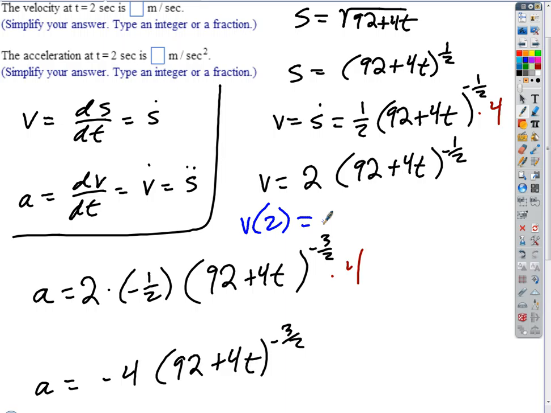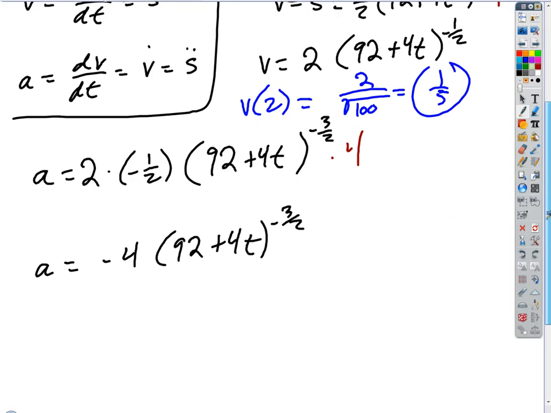So we get 2 over the square root of 100, which equals 2/10 or 1/5, or 0.2, however you want to slice it. Okay, and if I plug in 2 down here, I get negative 4 over 100 to the three halves. Negative just takes it to the bottom.